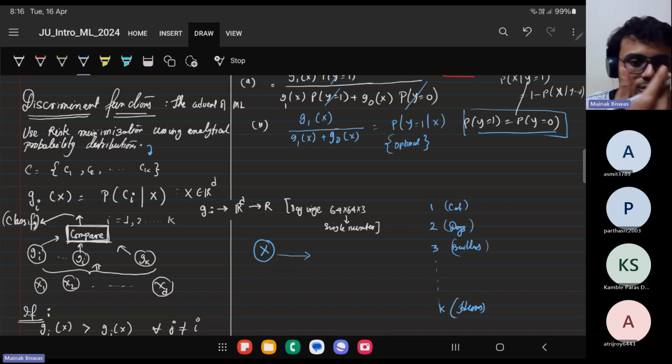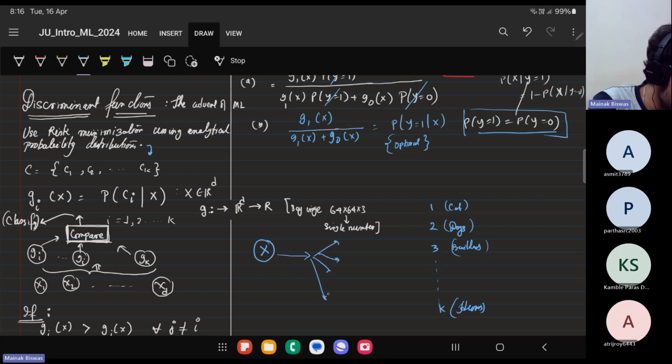I can take k separate functions, specifically for cat, pass X through it, and for dog, and so on.